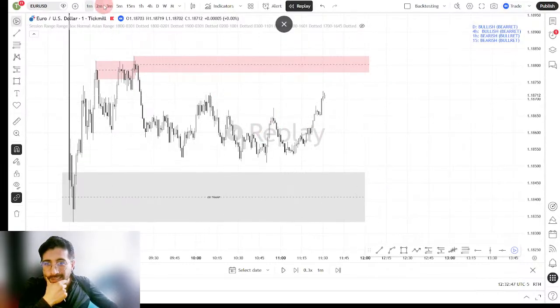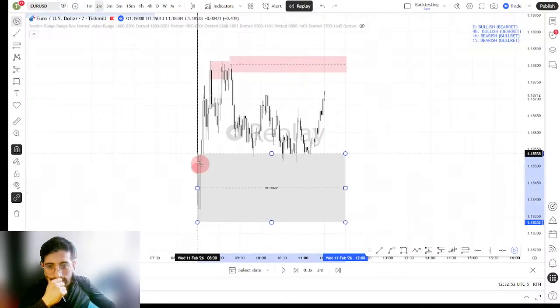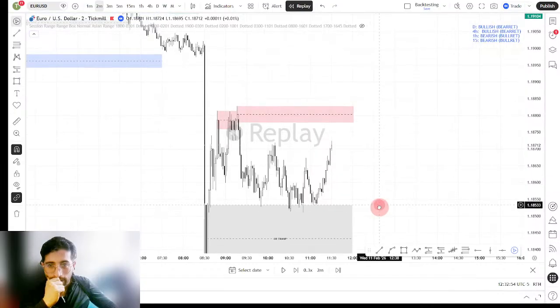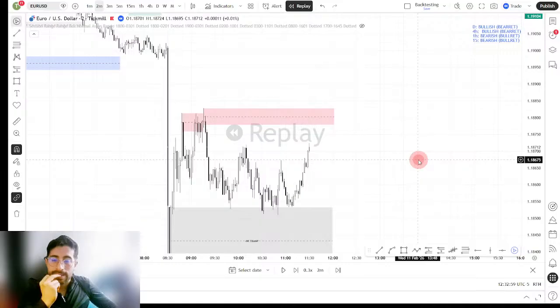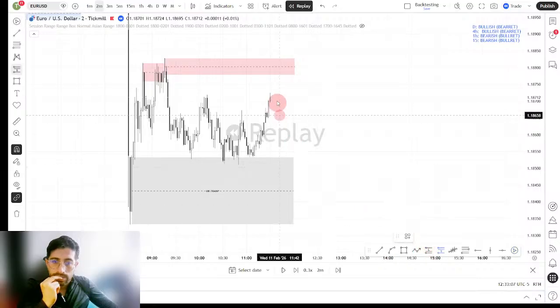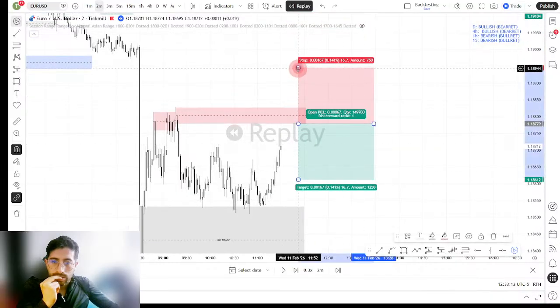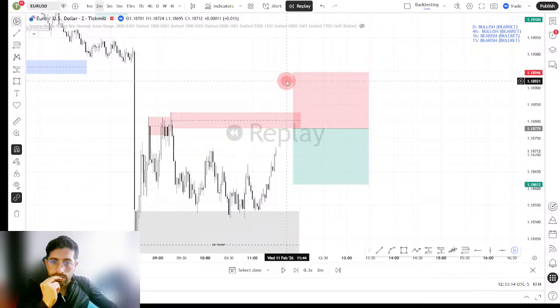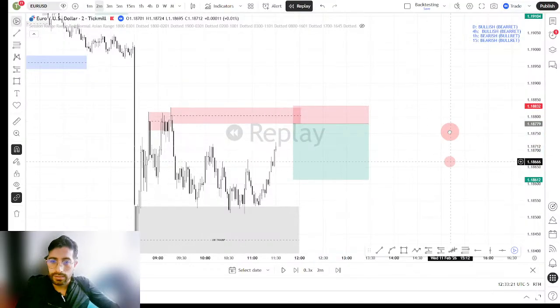Taking the liquidity. 2 minutes. Alright, it's reacting in this 2 minute block. Yeah, let's put the order. 5 pips is a lot.